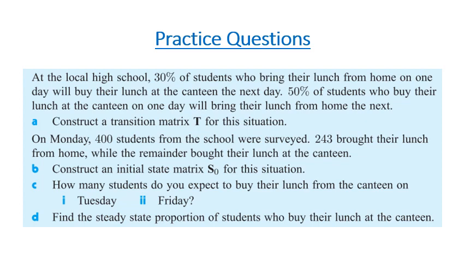I would use the state matrix to work out how many students you would expect on the next day, which would be Tuesday, and then the following day, well, back down to Friday, which would probably give you a state matrix of S4, I would imagine, and then you should be able to find the steady state proportion of students who buy their lunch at the canteen.